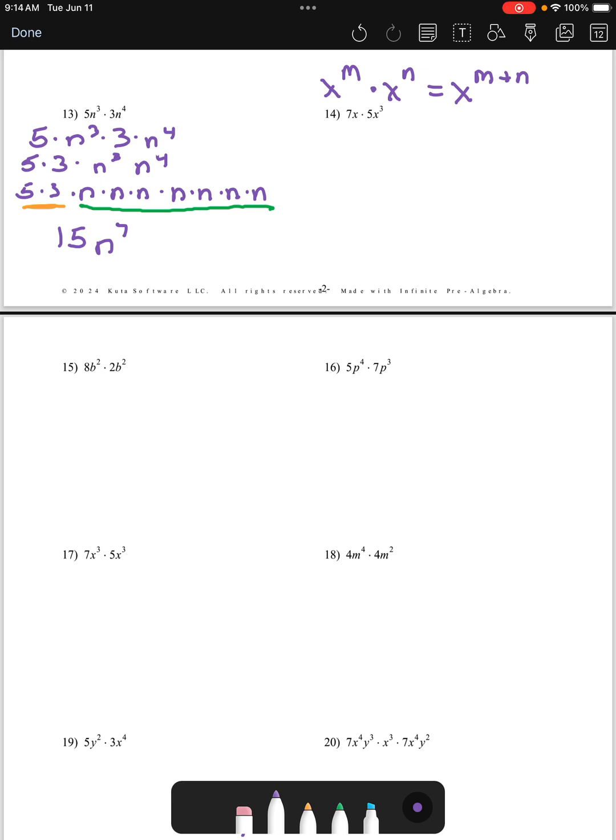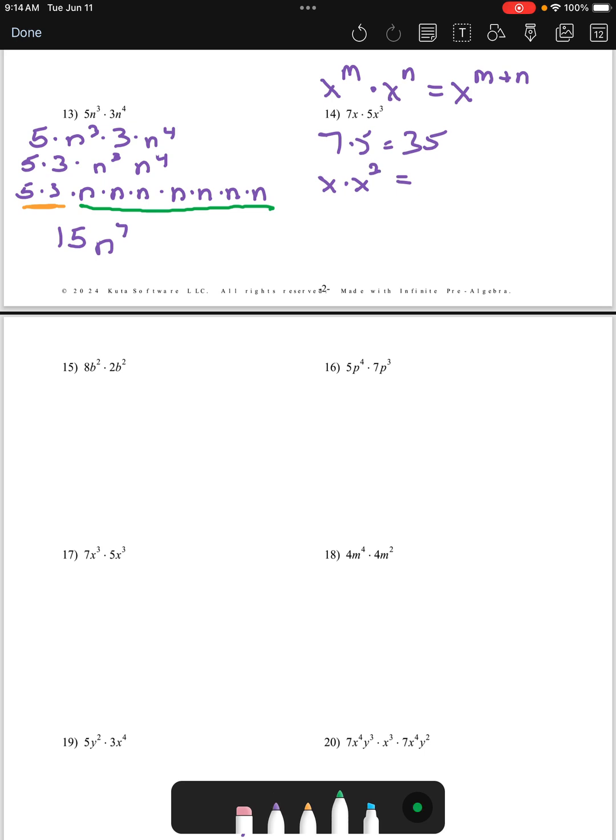Now this is how I'm going to tackle the remainder of the problems. I'm not going to write them all out like I did for number 13. In number 14, the coefficients are 7 and 5. 7 times 5 is 35. Our variables are x and x to the third.